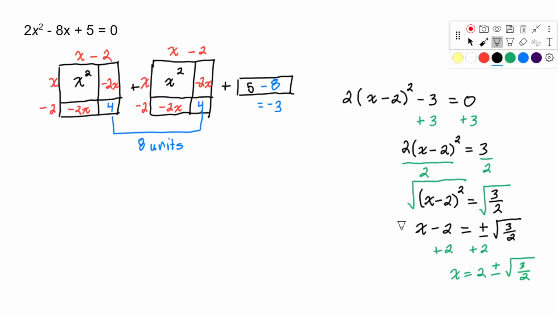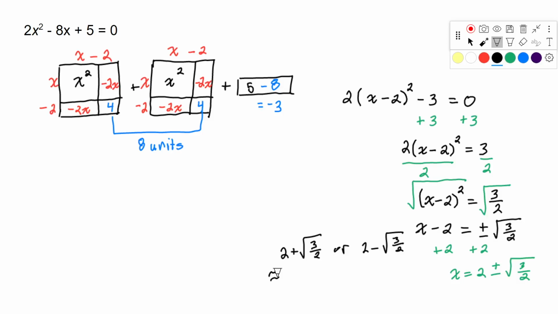To find the approximate answer, I'm going to do 2 plus the square root of 3 over 2, and I'm going to do 2 minus the square root of 3 over 2. And I'm going to enter it in my calculator just like it's written.